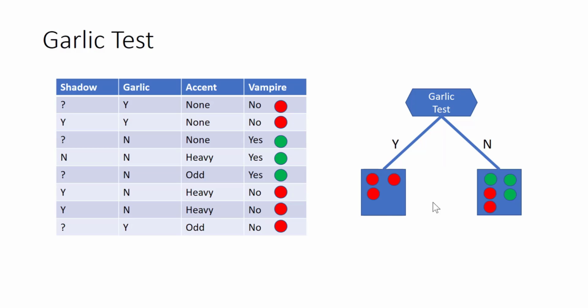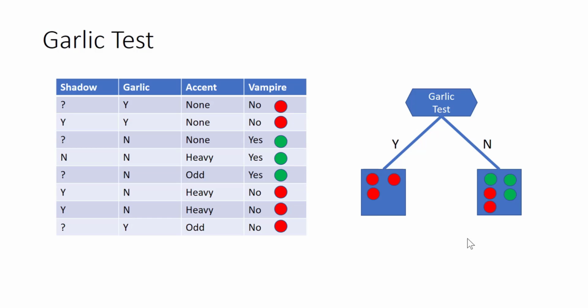How about the garlic test? Well, the garlic test gives us these results. In case of garlic, we either have yes or no. There's only two options. But where there's yeses, we get no vampire in 1, 2, and 3. And in the no's, we get some mixed. We've got 3 yeses and 2 no's.